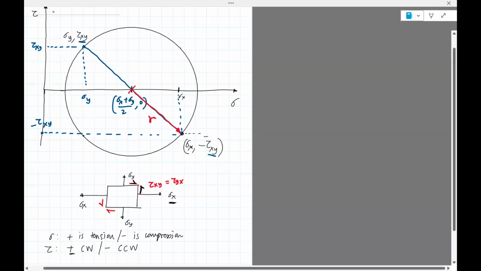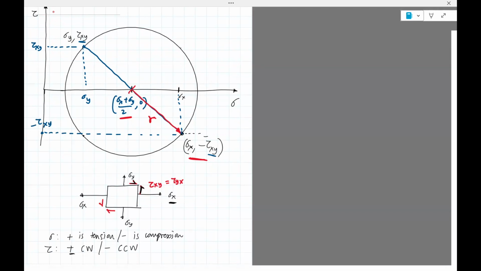Now it's not hard to see that if you want to compute r, all you need to do is just do sigma x minus sigma x plus sigma y divided by 2 square plus tau xy minus 0 square. How do you compute the distance? You'd have the coordinates of the endpoints, right? You have the coordinates of this endpoint, just take the Euclidean norm, which is subtract them and take the square, and that you have the radius.